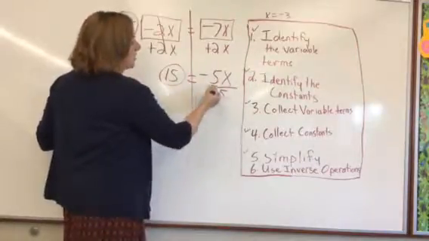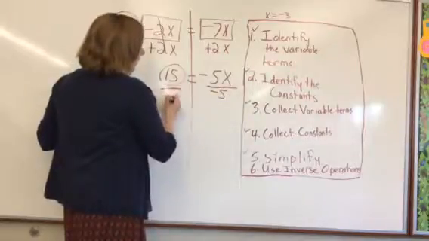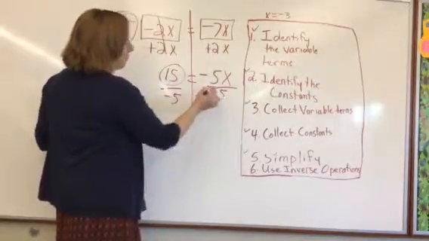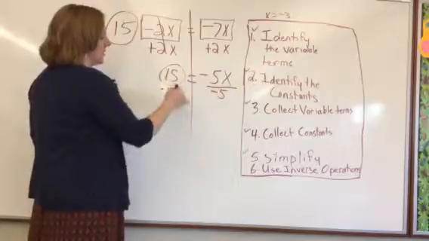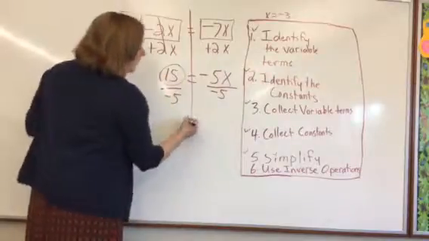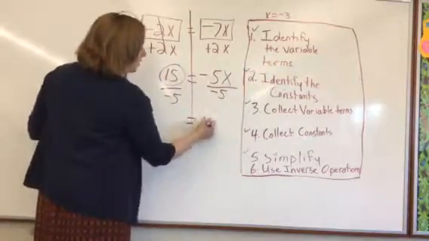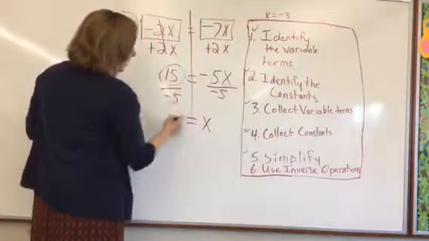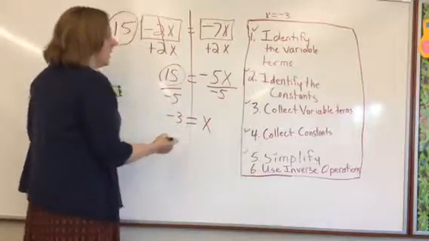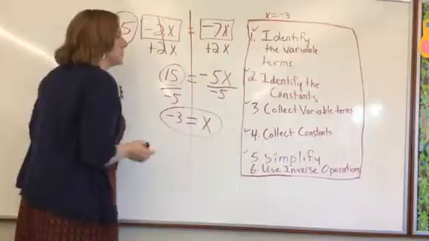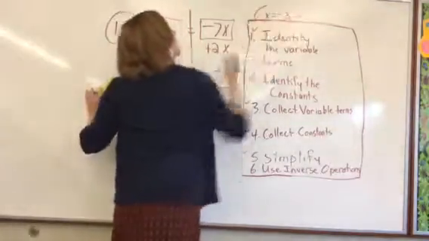So I'm going to divide this side by negative 5, divide the other side by negative 5, because whatever you do on one side, you have to do the exact same thing on the other, and you're going to end up with x equals 15 divided by negative 5, which is negative 3. And if you look, negative 3 equals x, x equals negative 3.